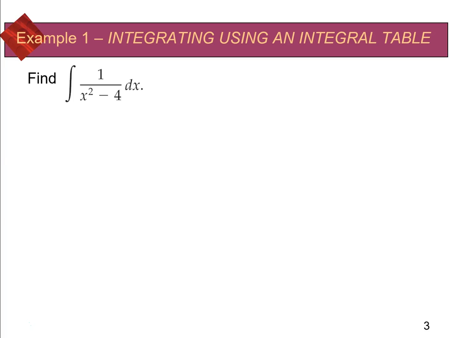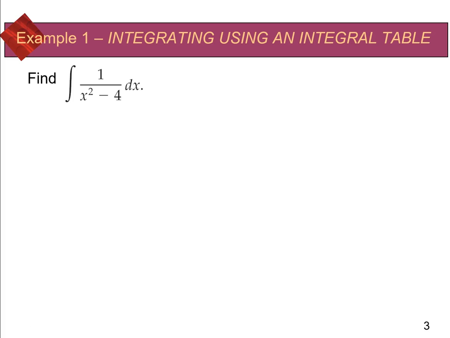If I try to integrate by parts, I have x squared minus 4 to the negative 1 power. Do I make that a u or dv? If I make it dv, I can't integrate it, so I can't make it dv. When I make it u, let me get my pen tool going. I'll use purple.